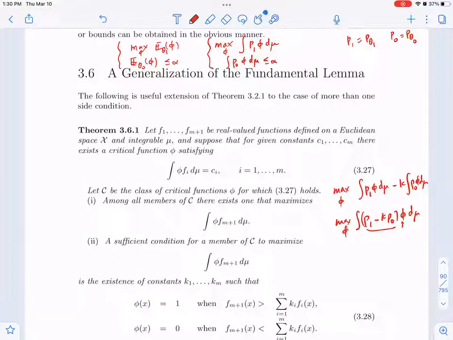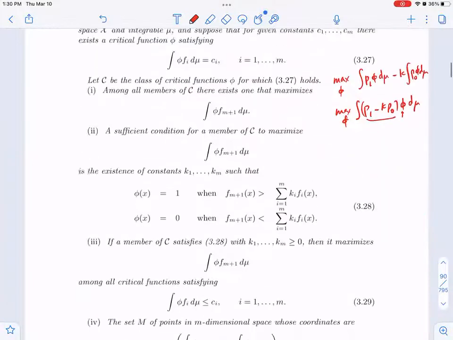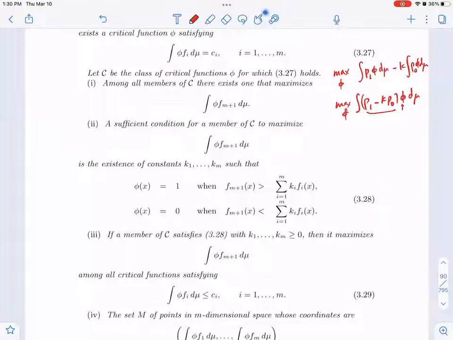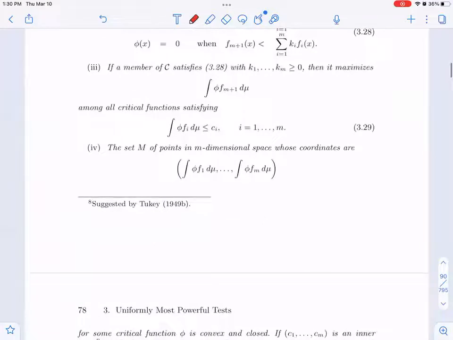So let's say p theta, let's call these f's. Okay, so one constraint is that the integral of phi f1 is equal to c1, the integral against phi f2 is equal to c2, and I want to maximize another linear function. And the idea is that the solution would look like, so okay, let me do this.